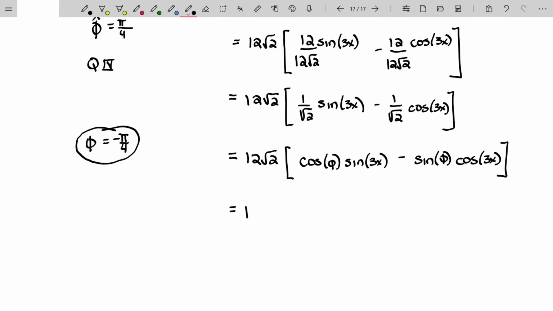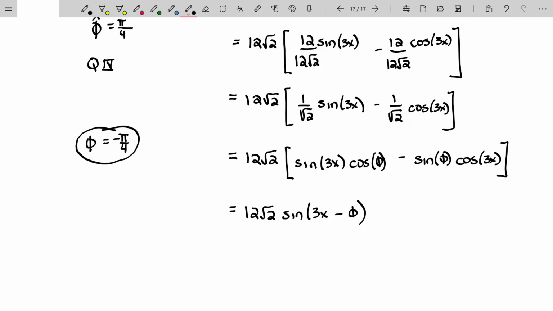So it's 12 root 2 sine of 3x plus phi. Oops, that's sine of 3x minus phi. It's actually a little bit easier to see this if you write it in the proper order. So if I use the commutative law of multiplication and write this as sine of 3x cosine of phi, it's a little bit easier to see that the order is 3x and then minus phi.